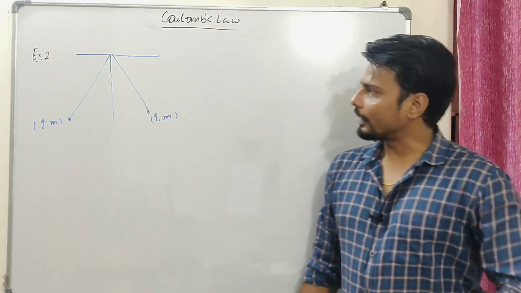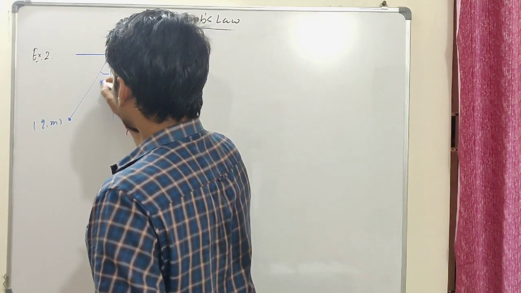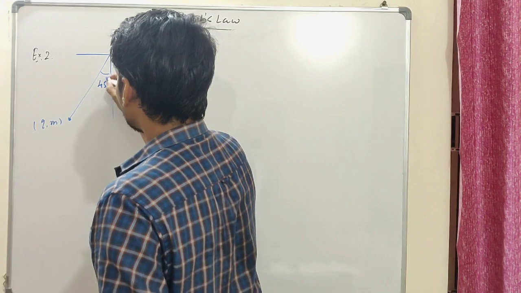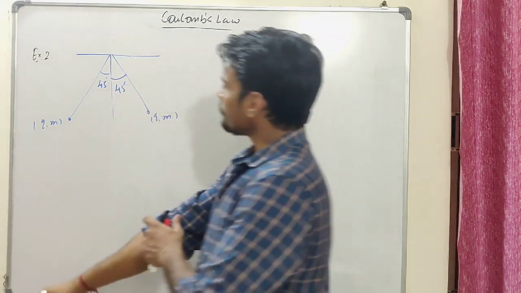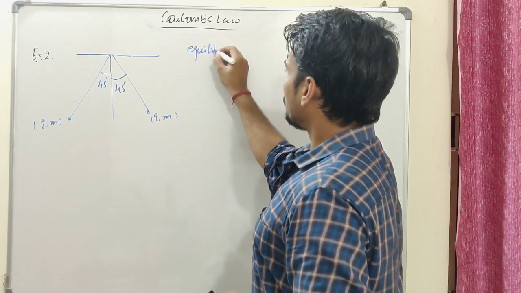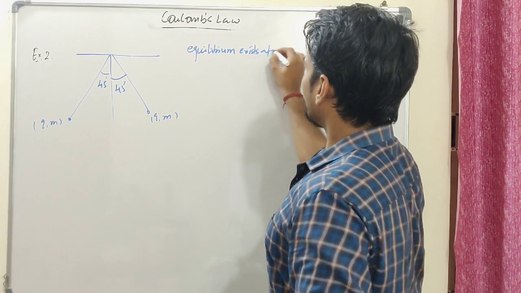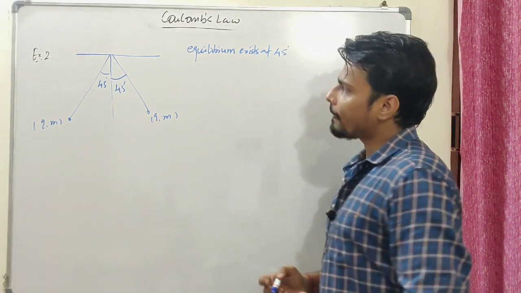It is found that the equilibrium exists at 45 degree. So the first part of the question, equilibrium exists at 45 degree. Fair enough?